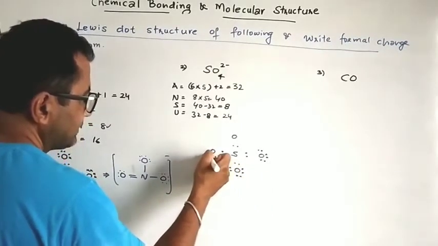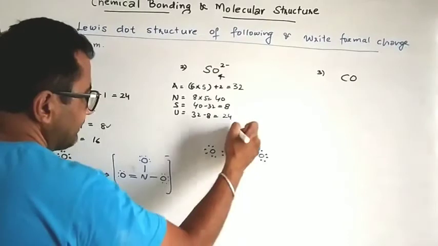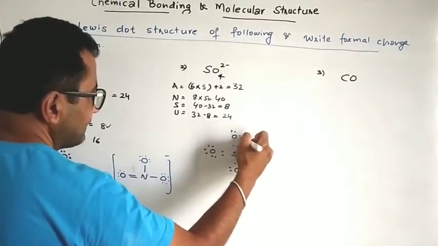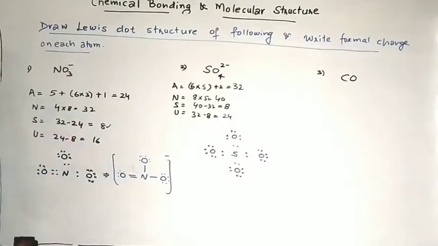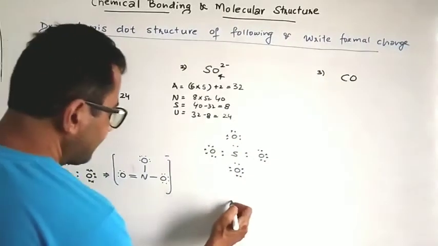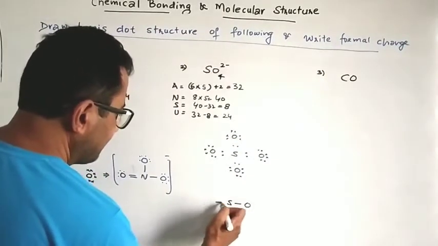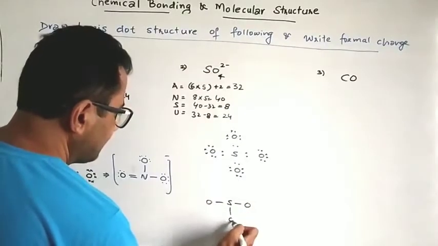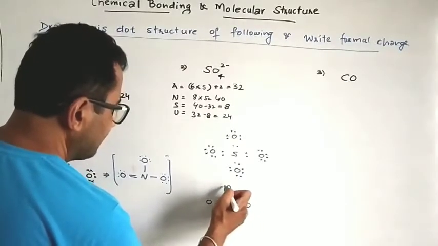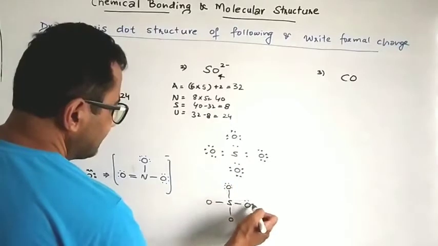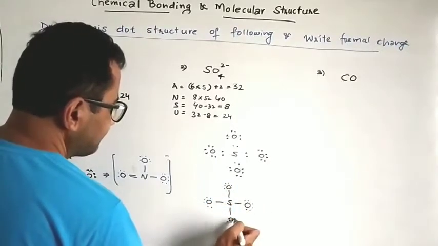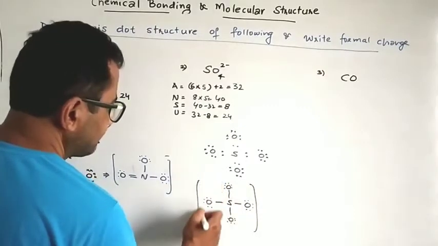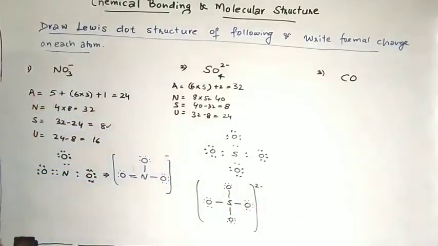Now in this structure you can see that every atom has 8 electrons, meaning it completes its octet. So you can write it like this: S single bond O single bond O single bond O single bond O, with 3 pairs each, and negative.